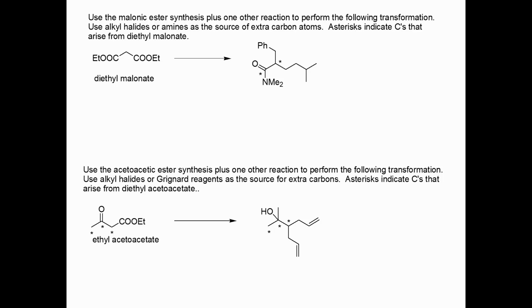No big deal there. Okay, this one, well, it's not a direct ketone like you see in the acetoacetic ester synthesis, but we see a tertiary alcohol. And we know that when we add Grignard reagents to ketones, we'll actually get these types of products. Okay?